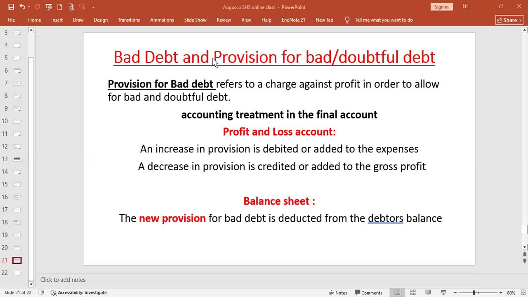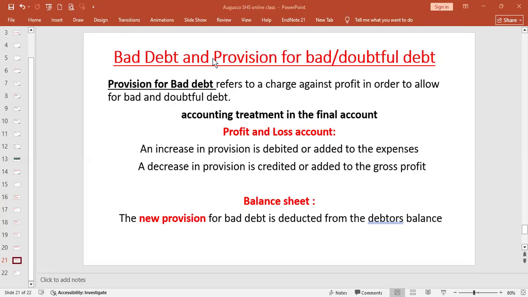So if we are doing business and this year we've made a profit of say 5,000 Ghana cedis, but people are owing us, and per review we can tell that some of our debtors may not be able to pay because of the reasons I've given you, right?